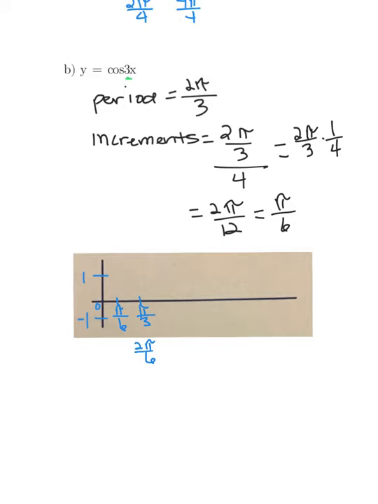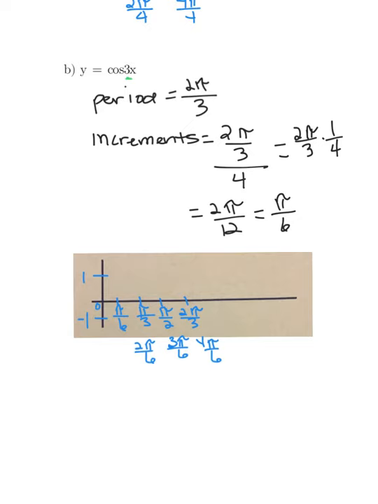Add another pi over 6 to that, you're going to get 3 pi over 6, which simplifies to be pi over 2. Add another pi over 6 to that, you're going to get 4 pi over 6, which simplifies to be 2 pi over 3.